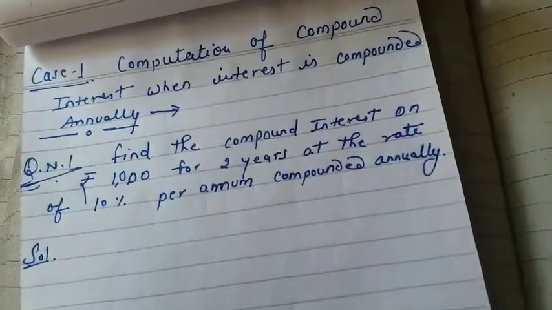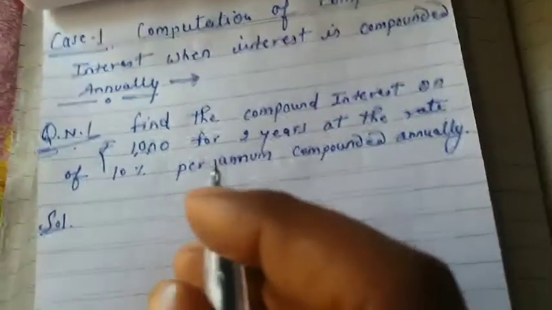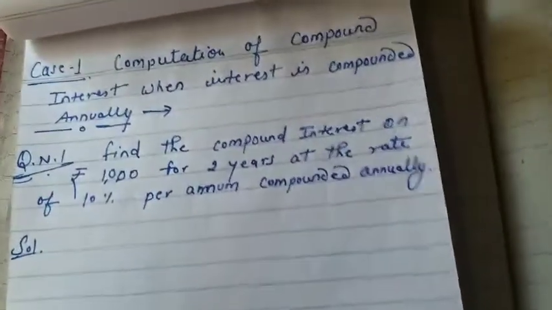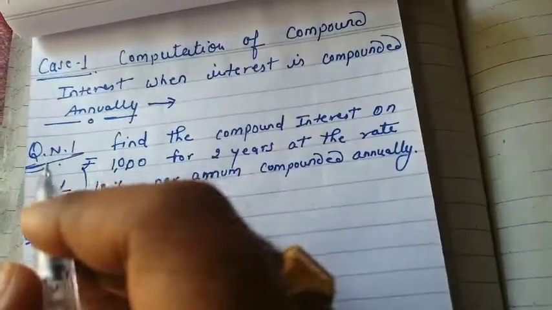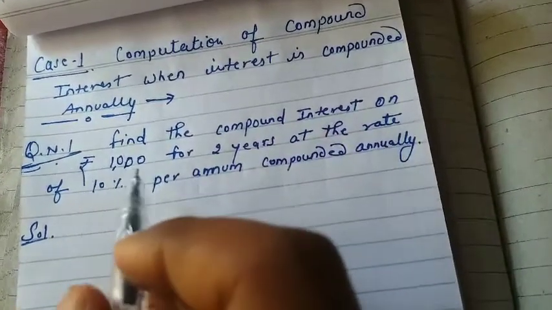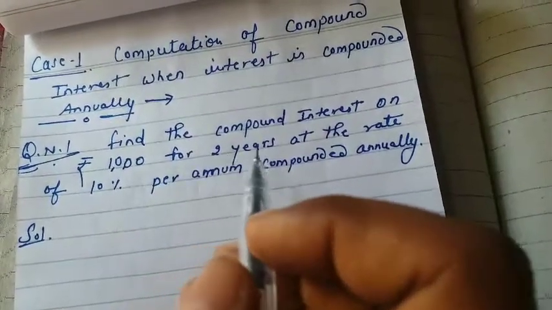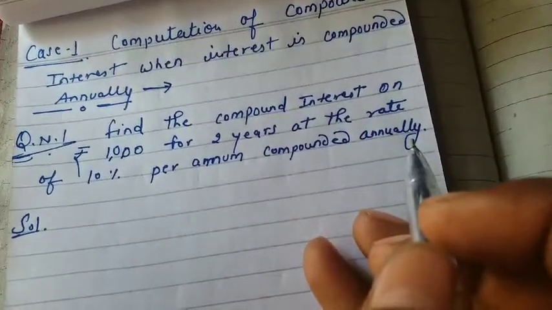Here, with the help of this question, we can understand the concept of compound interest when the interest is compounded annually. Question number 1: find the compound interest on rupees 1000 for 2 years at the rate of 10% per annum compounded annually.